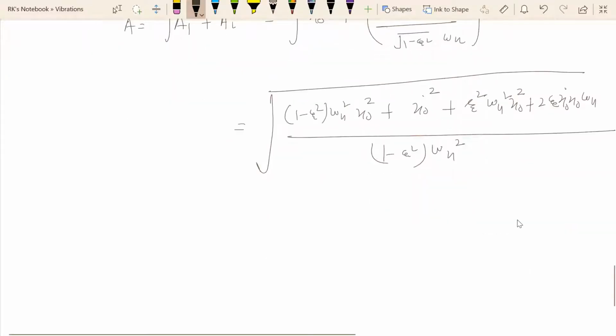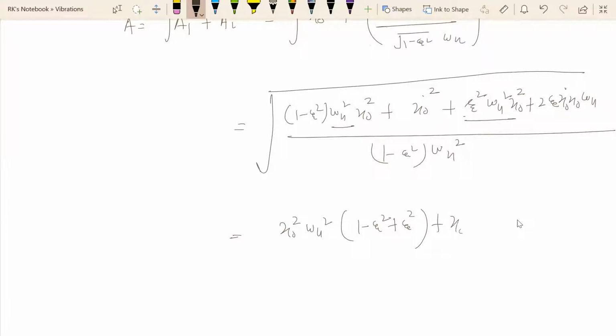If we take x naught squared omega n squared common from these two terms, this becomes x naught squared omega n squared times (1 minus zeta squared plus zeta squared), plus x naught dot squared, plus this term, 2 zeta x naught dot x naught omega n, all under the square root.